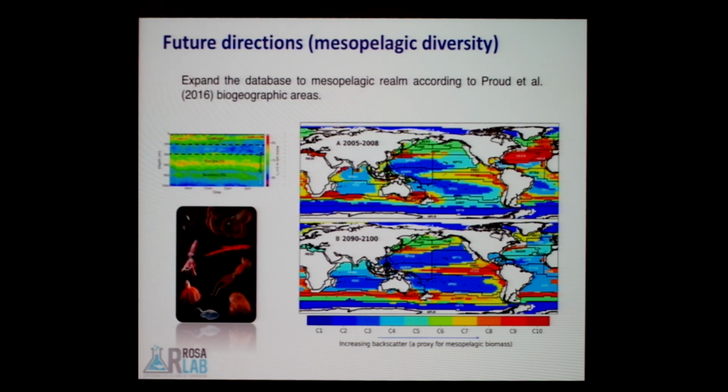There is a very cool paper that was published in Current Biology last year, and they split the open ocean, the mesopelagic realms, according to the position of the deep scattering layer. And so this is a gradient of mesopelagic biomass according to the position of the DSL. So based on these regions, we are definitely going to try to plot the cephalopod diversity in this realm.